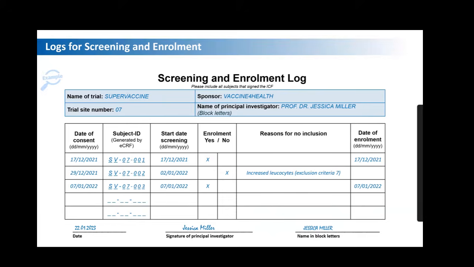So you see the date of consent, the subject ID that has been given to that person, the start date of screening or the actual screening date, depending on how long the screening actually takes, the outcome of that screening. So could this person be enrolled or not? If they were not enrolled, why were they not enrolled? And when did the enrollment happen?